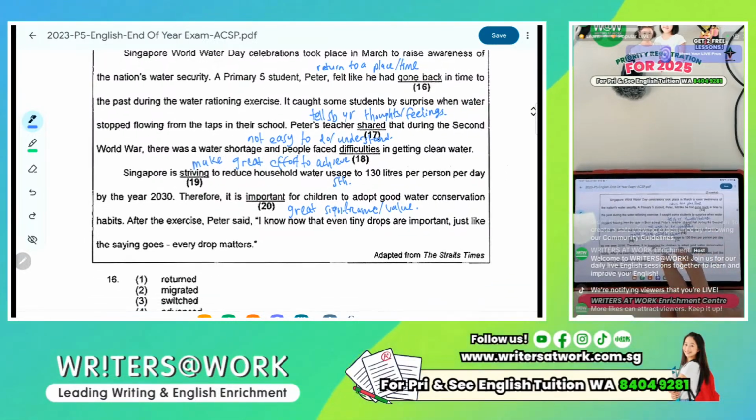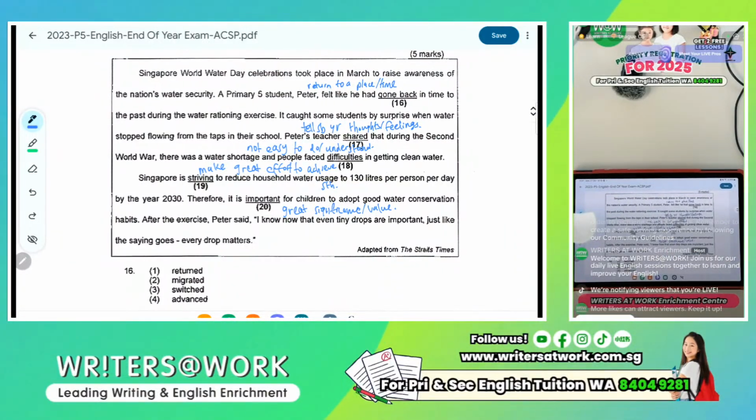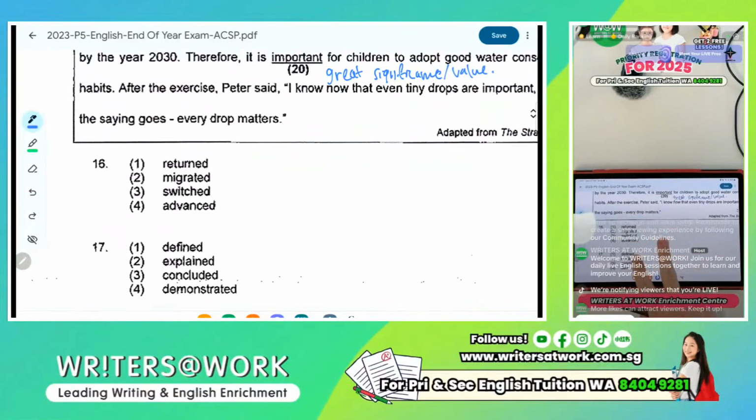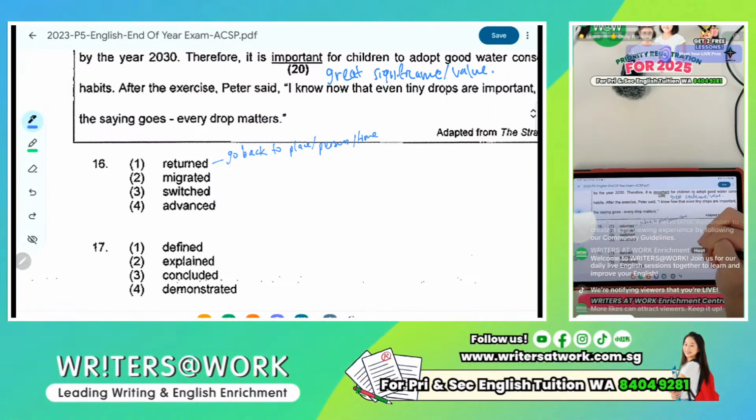Let's take a look at the options given. For question 16, gone back, which means that you are returning to a specific place or time. The first option is return, which means to go back to a place, person, or time. Next, we have migrated, which means that you move from one habitat to another.